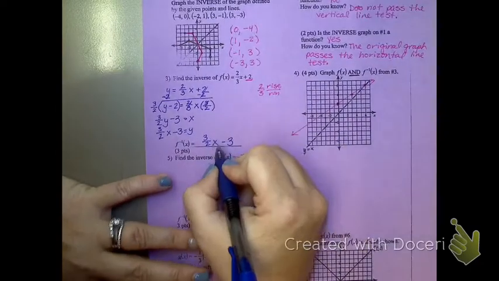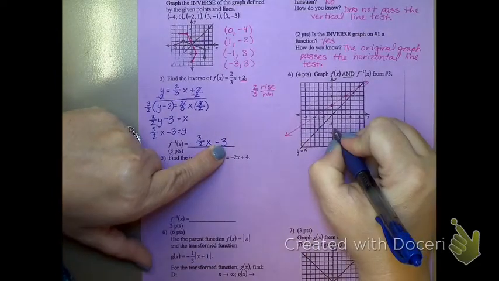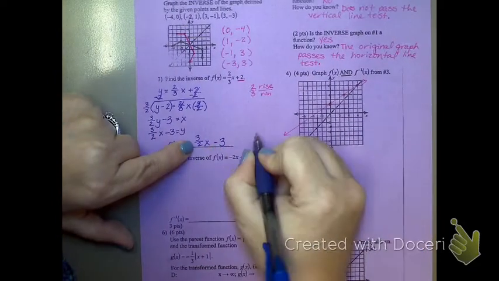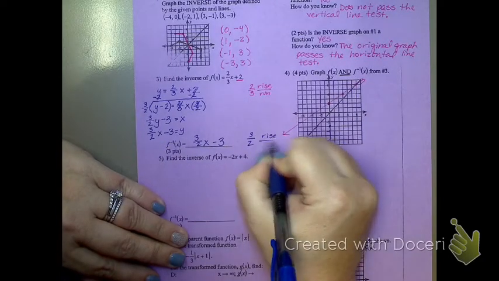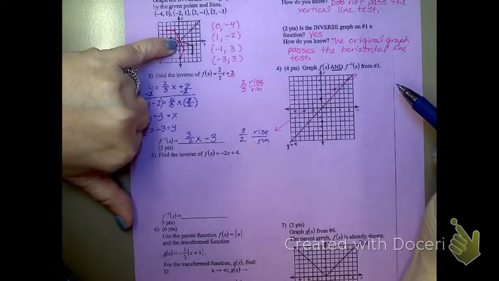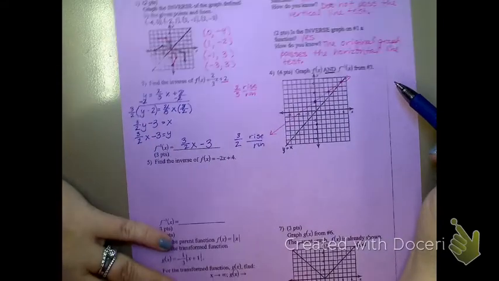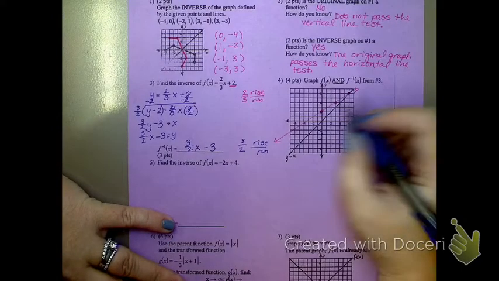So to graph this one, I'm going to do it the same way I did this one. I'm going to start at -3, and then I'm going to do my 3/2 as my rise over run. Now, remember what I said up here about if they're going to intersect, they're going to intersect on that line. Well, this one has a point right here on that line, so I have a feeling they're going to intersect there.